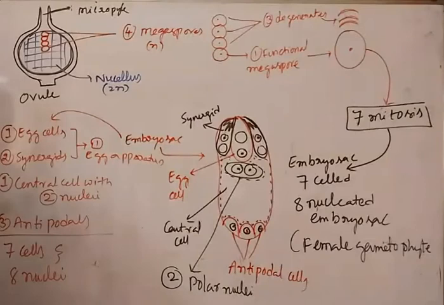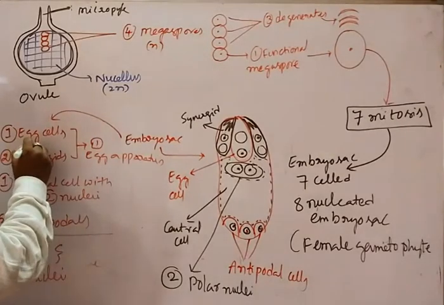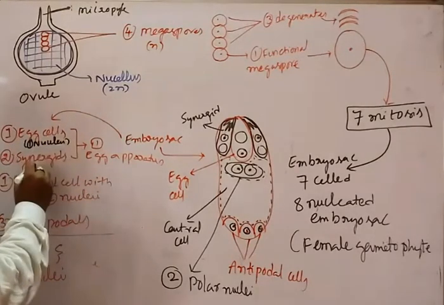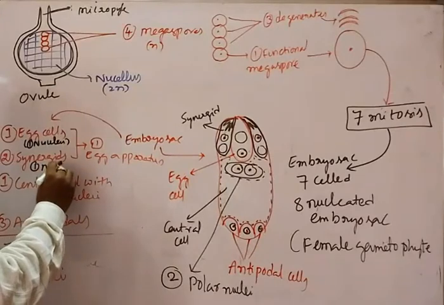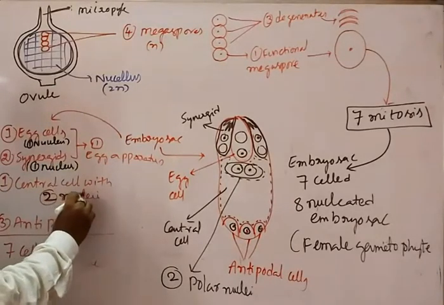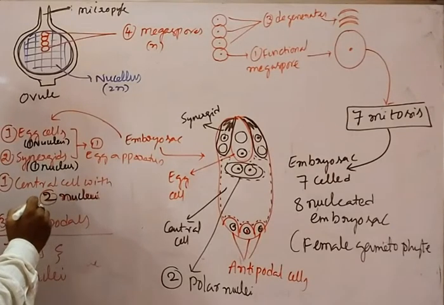1 egg cell with 1 nucleus. This is also with 1 nucleus. But this is with 2 nuclei. Each one has 1 nucleus.